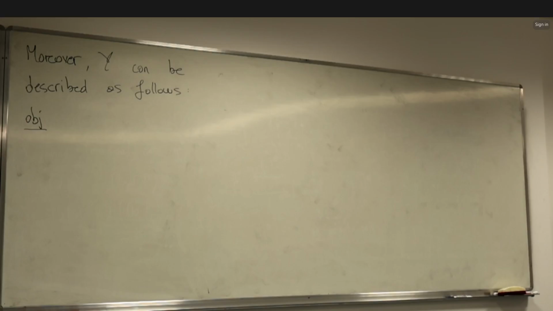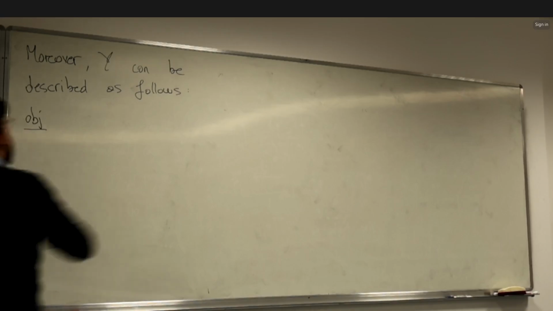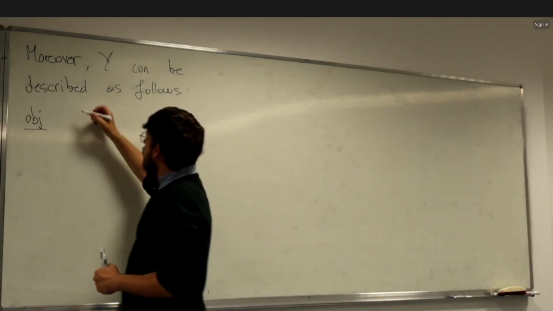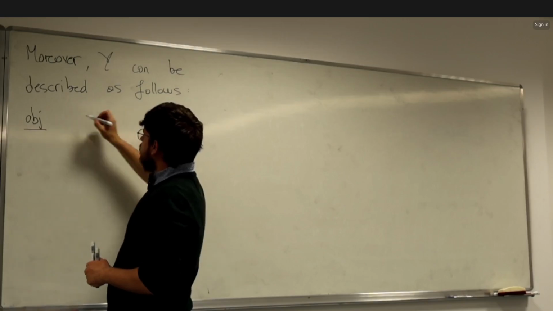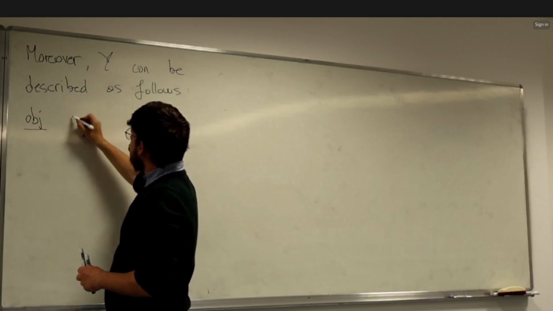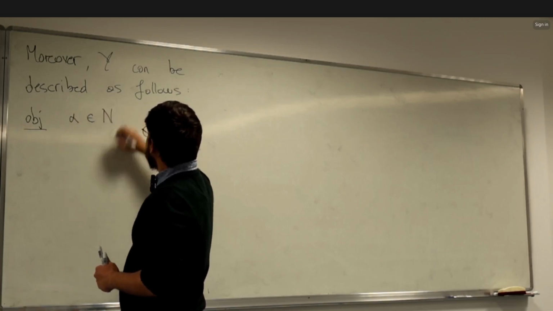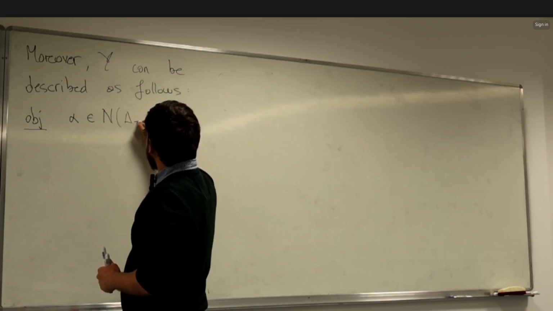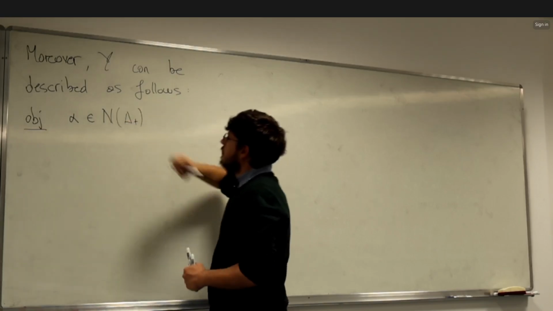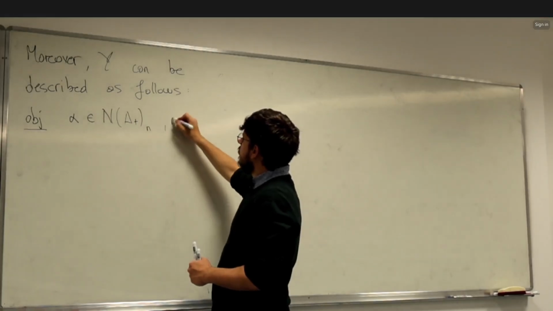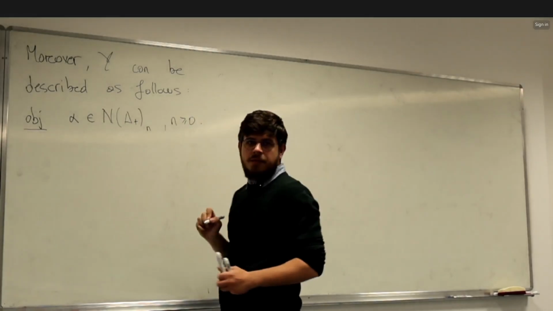For the operatic case, we do have a combinatorial description. So the objects of the base can be defined to be simplices here, where you let n vary.